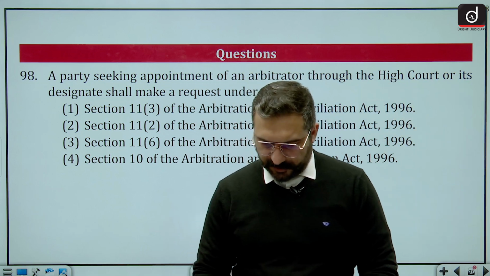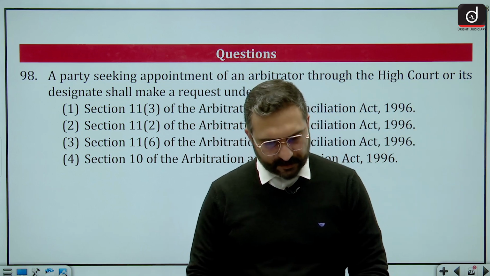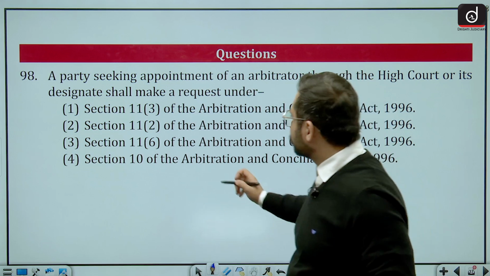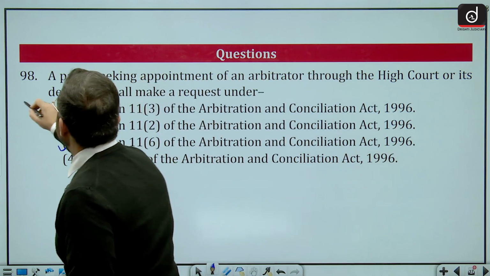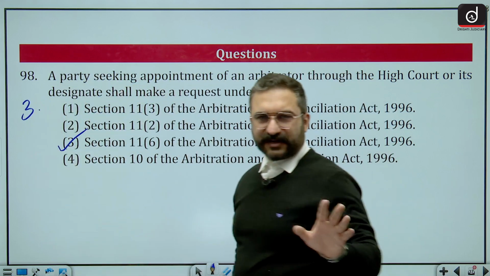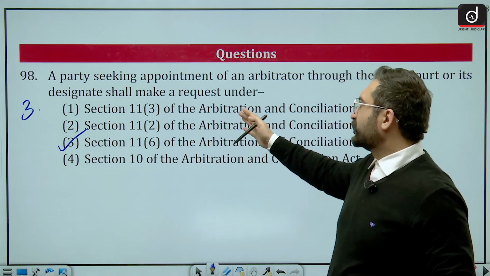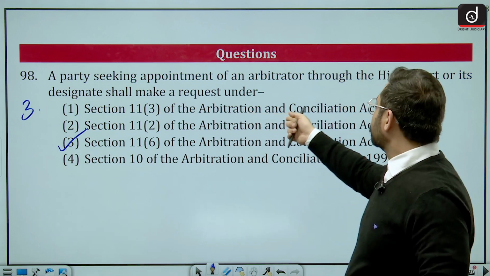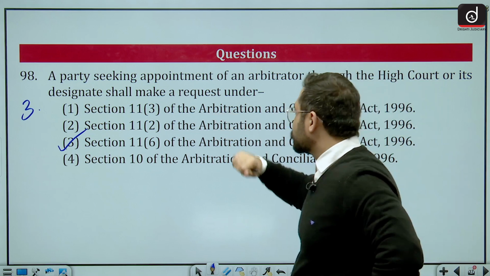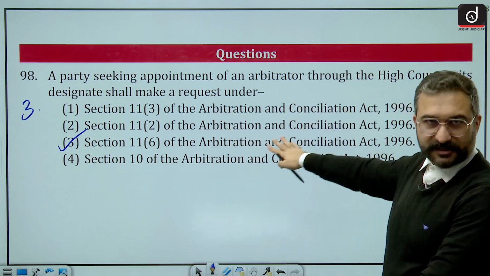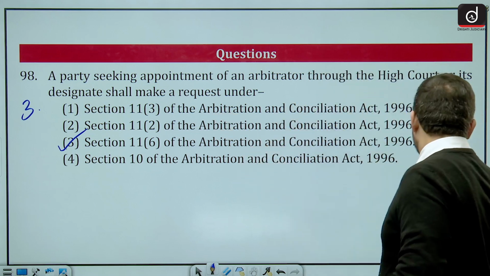This is 11.6. Third is your answer. It is a factual question again. I'm very sorry that I missed even this question in the last slide because it was not there. This question is anyhow in the slide now.